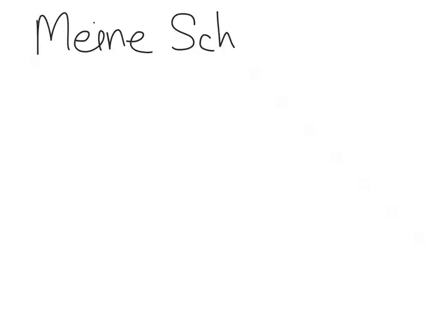Meine, because you're saying my. Yep, so meine Schule. Richtig. Ist. Nope. What's the verb that you used in the question? Heißt. It's the same verb. So it's not heiße, because it's not ich. So it's heißt again. Okay, so meine Schule heißt, and then you insert the name.